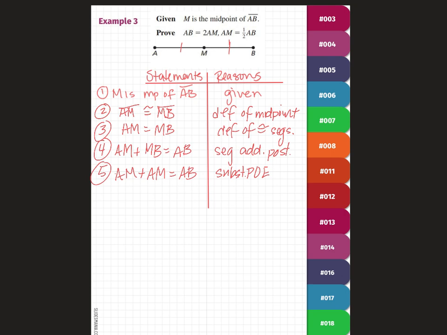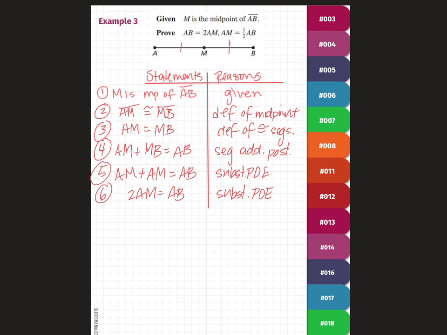And then if I add AM plus AM, then I get 2AM is equal to AB, and that is the substitution property again, because I'm substituting something that is equal.